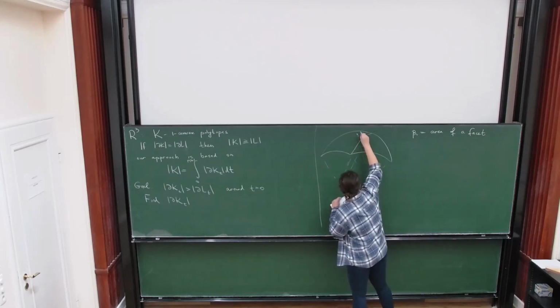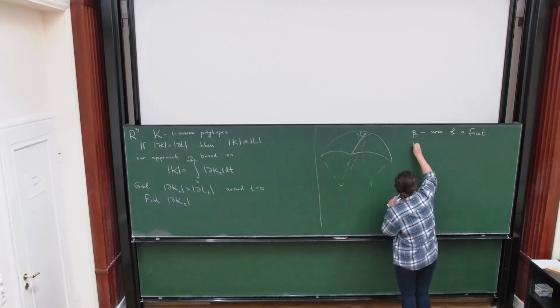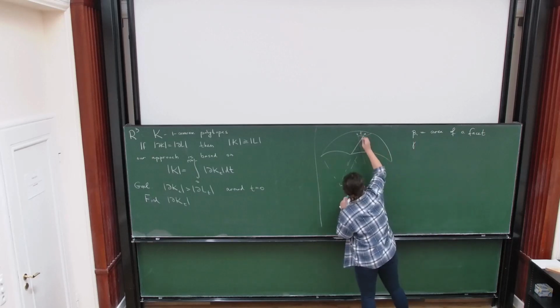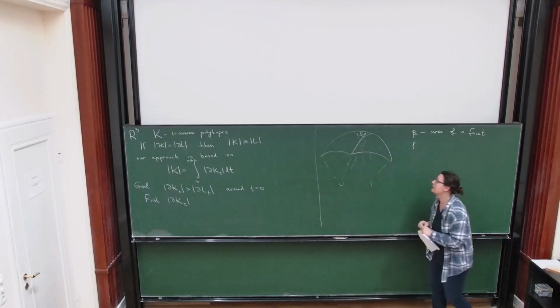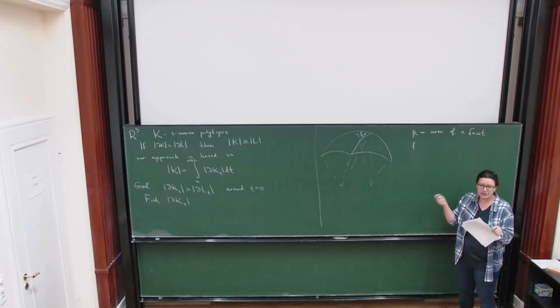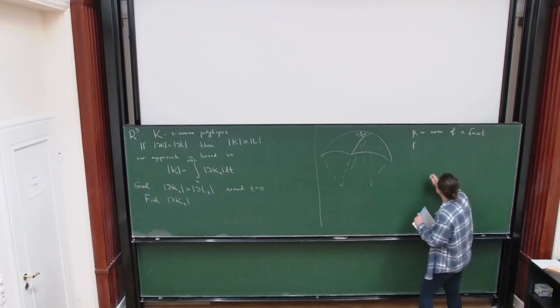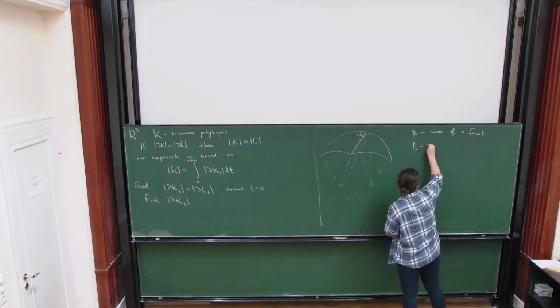Of course it depends on the enumeration ij: it is the angle between two adjacent facets, the facet i and the facet j.